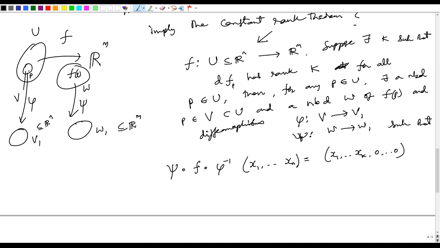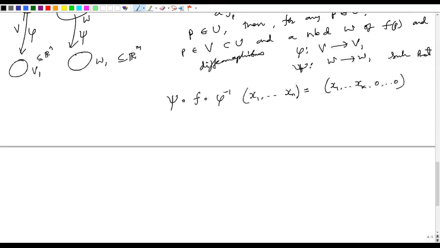So let's look at an example. Let's start with a map from, let's say, R2 to R2. Yeah, U open subset of R2 back to R2.